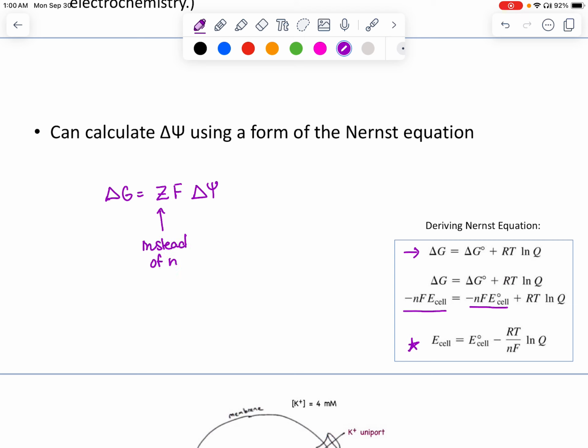In electrochemistry, we had just electrons moving, but now Z is going to talk about the quantity of charged species, because they're not all just electrons. F is still the Faraday's constant, and here's our membrane potential.